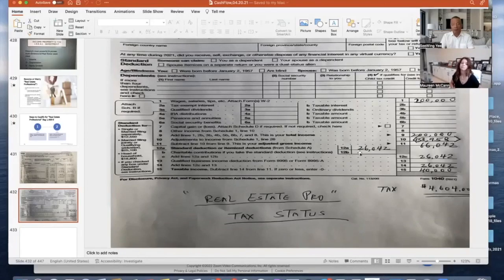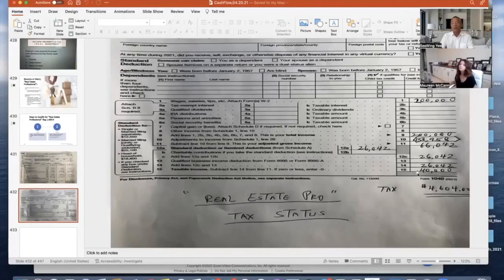Then on top of that, because this couple owns a primary home, they're able to get a mortgage interest deduction from the primary home to the tune of 26,000 in this generic example. So the 66 grand of AGI is further reduced by the itemized deduction on Schedule A from the primary home mortgage interest deduction. 66 minus 26 equals $40,000 of taxable income.